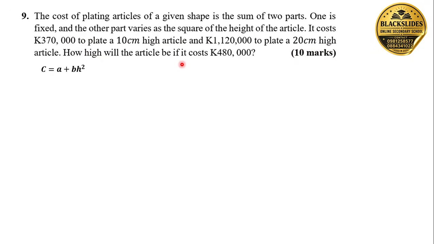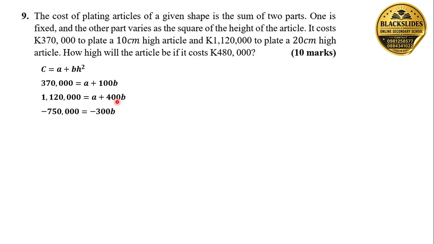So first of all, we need to find A and B. Just substitute the cost, then we have the variables A and B in the equation. We call this equation number 1. You also use the other amount to find equation number 2. Then solve these two equations simultaneously by just subtracting. If you subtract both sides, A is going to disappear.